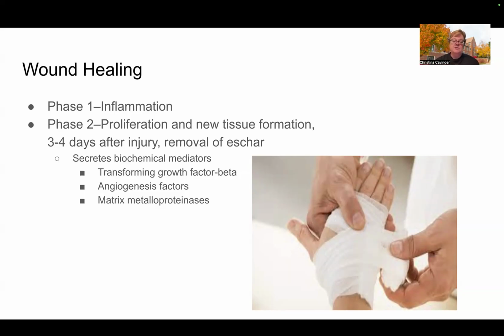Then it goes into phase two, once the healing process starts, where you have proliferation and new tissue formation. This typically occurs 3 to 4 days after your injury, along with removal of the eschar. Eschar is basically the scab.